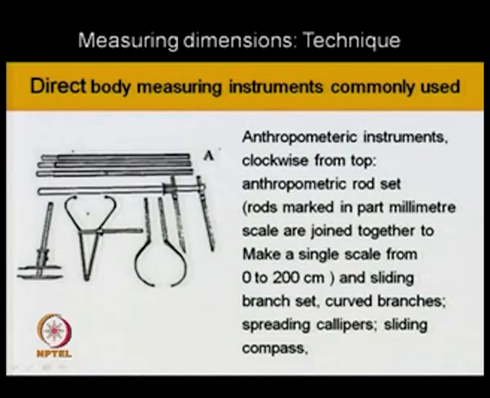Anthropometric rod set: these rods, marked in per millimeter scale, are joined together to make a single scale from 0 to 200 centimeter. Suppose these are the anthropometric rod sets. There are a total of 4 sets.